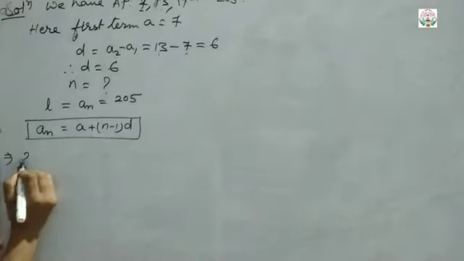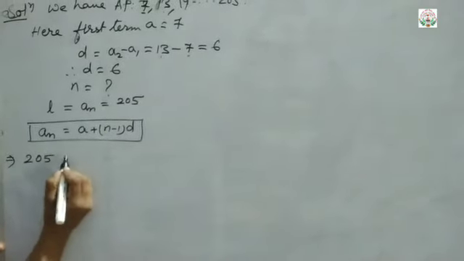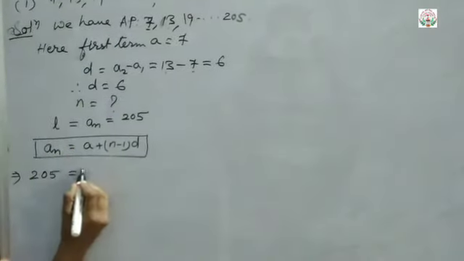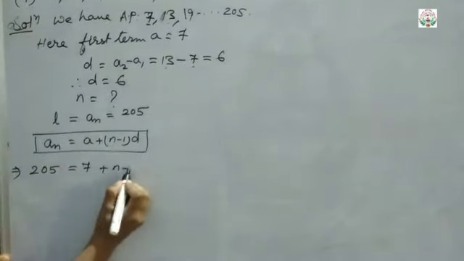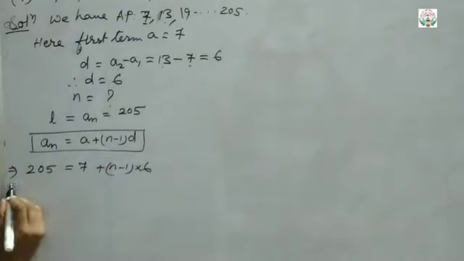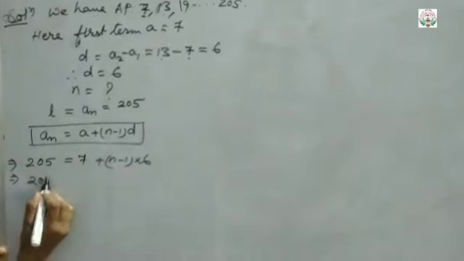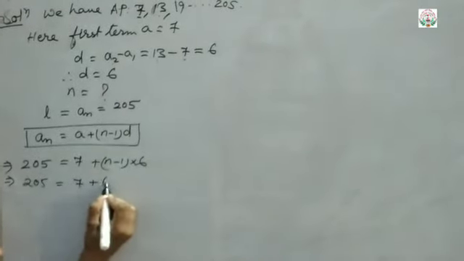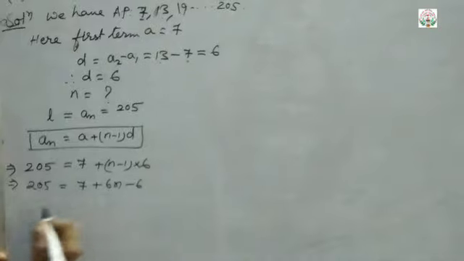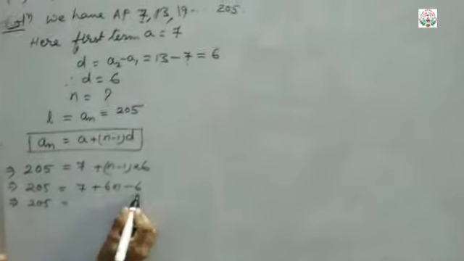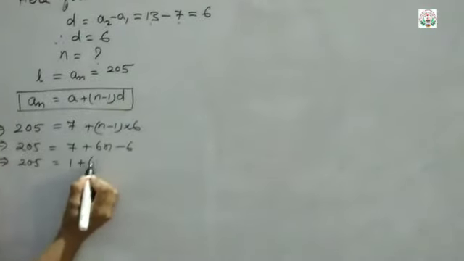So now let us see the question. That is 205 equals A, the first term, which is 7, plus N minus 1 into D, which is 6. So 205 equals 7 plus 6n minus 6, implies 205 equals 7 minus 6, which is 1, plus 6n.